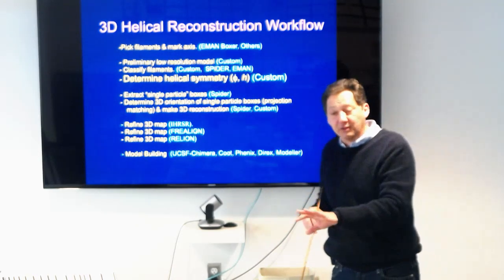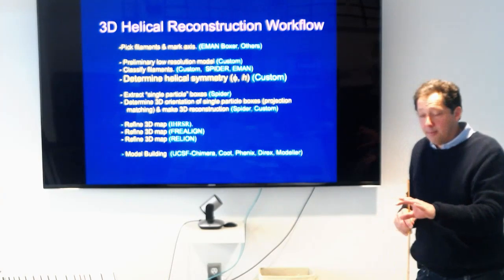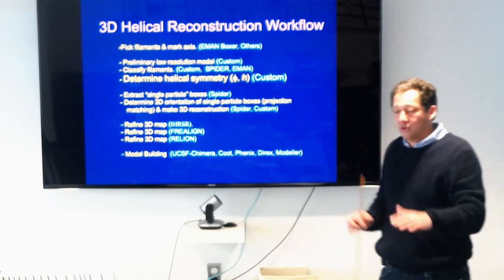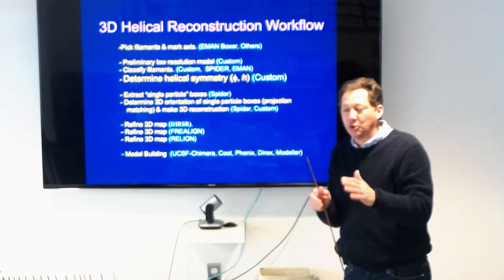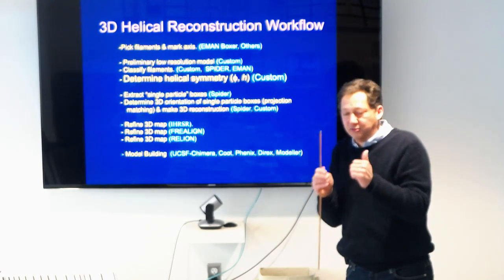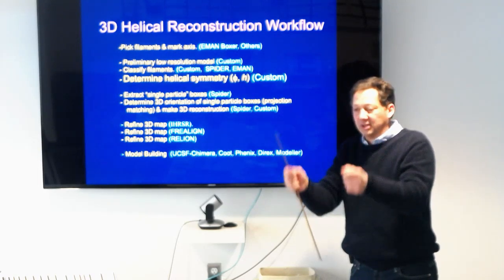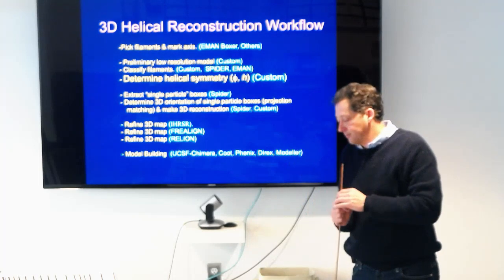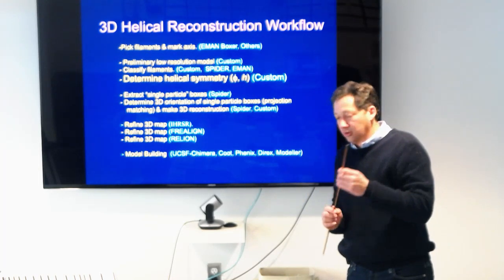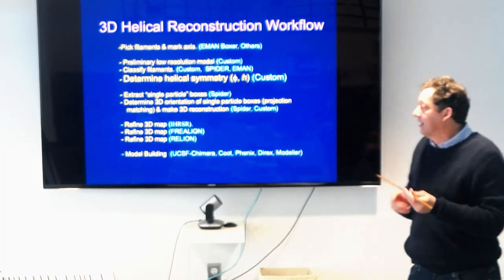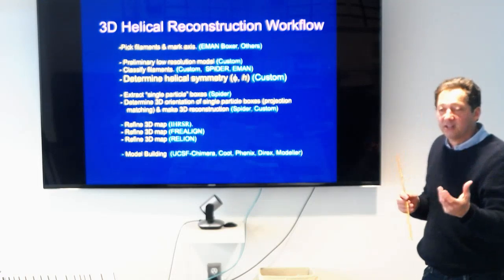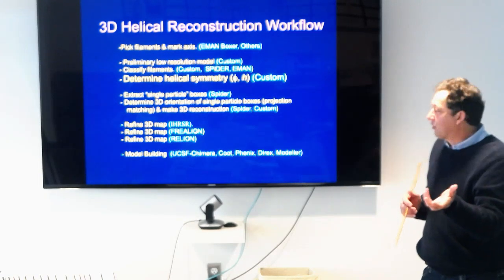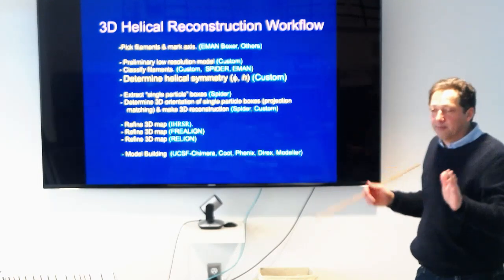One of the advantages of the Bessel reconstruction method is that you never use a model. The structure that you get initially is just based on the symmetry you assign. And at the beginning we used that as our initial model. Our low resolution model came from helical reconstruction, so we avoid any possible bias.